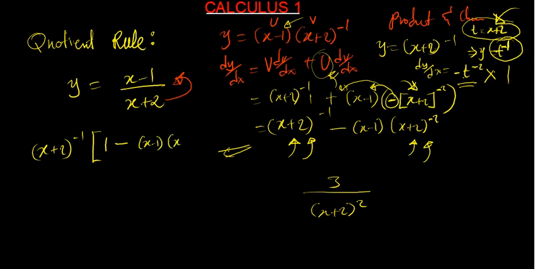And then x plus 2 to the power negative 1 also. Like that. Okay? So we've removed, this was negative 2, so we've removed one negative 1. So another negative 1 is going to remain there.